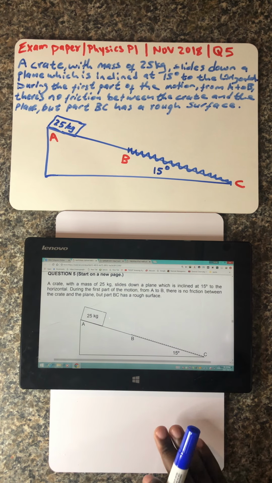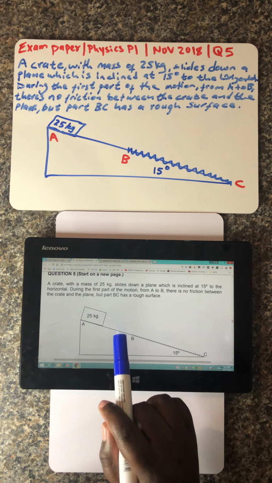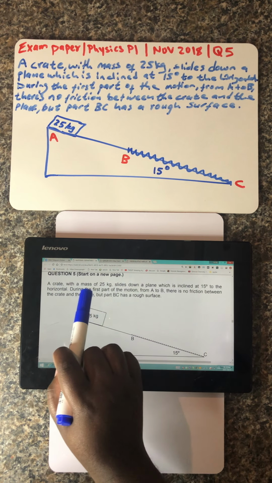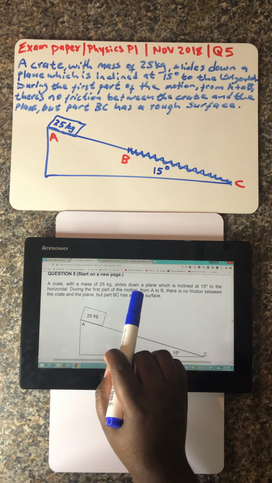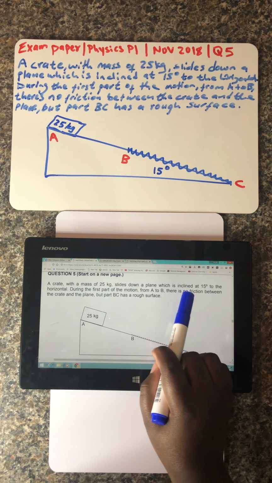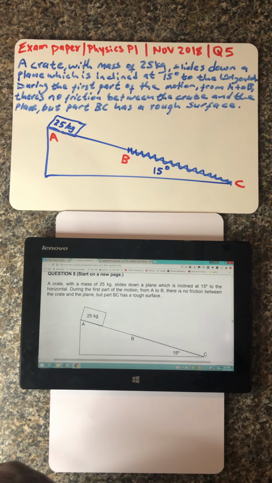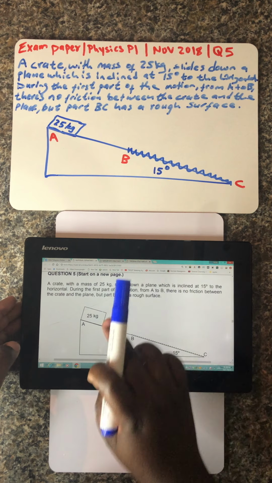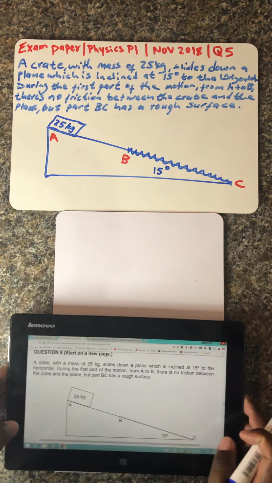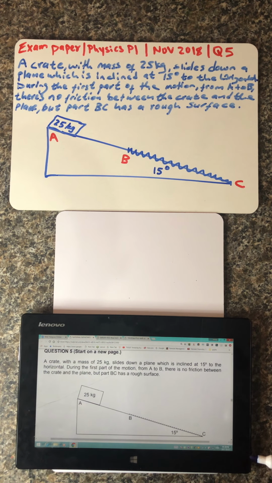So for the last time, let's go through that statement. So guys, a crate with a mass of 25 kg slides down a plane which is inclined at 15 degrees to the horizontal. Okay, so remember guys, with just that statement, you can start to draw that diagram with the information which is given.